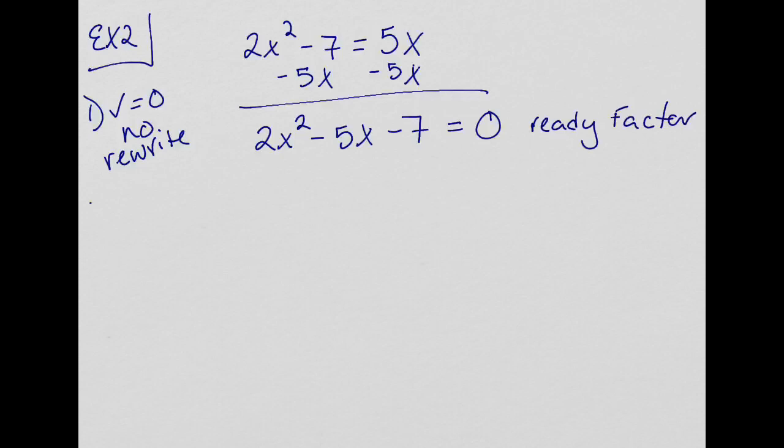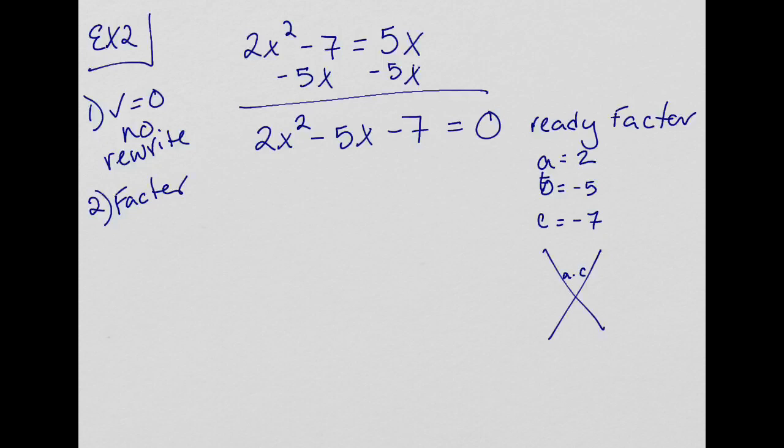Okay, so that is step 2. I'm going to go A, B, and C. Our A value is 2, B value is a negative 5, and C is a negative 7. Then I'm going to think about my X puzzle. A times C, 2 times negative 7, is negative 14, and my B value is negative 5.